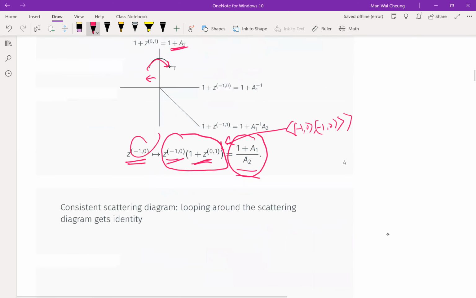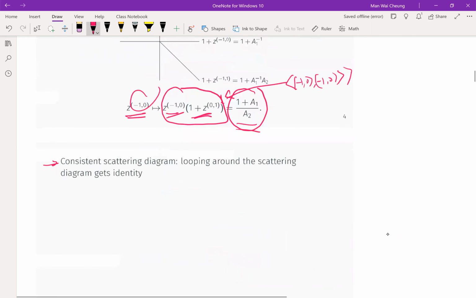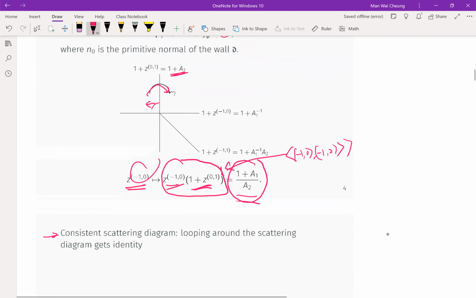So now we slightly talk about consistency. Consistency just means that in this picture I cross one wall, but then I can look around the origin. So roughly speaking, a consistent scattering diagram is a diagram such that when we perform wall crossing by looping around the scattering diagram, we always get the identity.